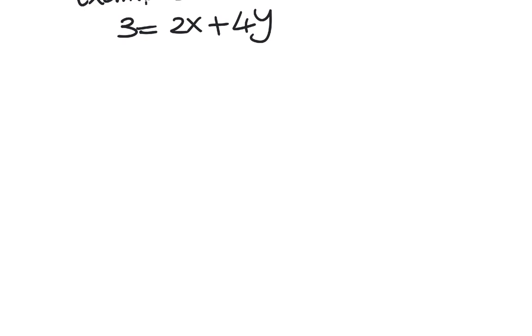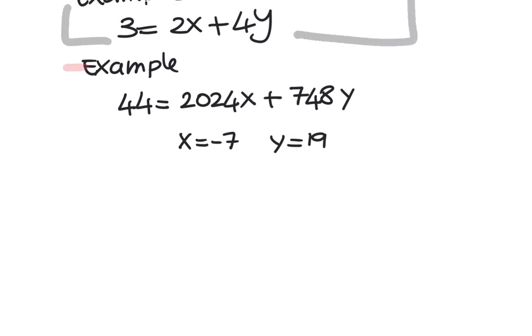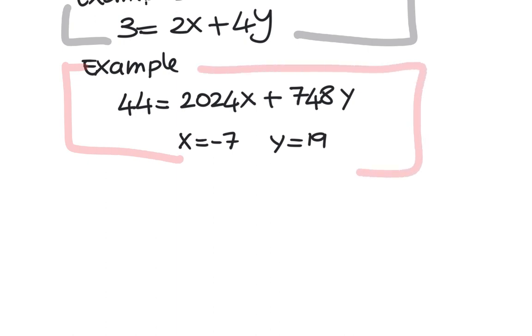However, if we look at the example 44 equals 2024x plus 748y, we can see that x equals -7 and y equals 19 are actually solutions. So we do have an example where things don't work out and an example where things work out pretty well.